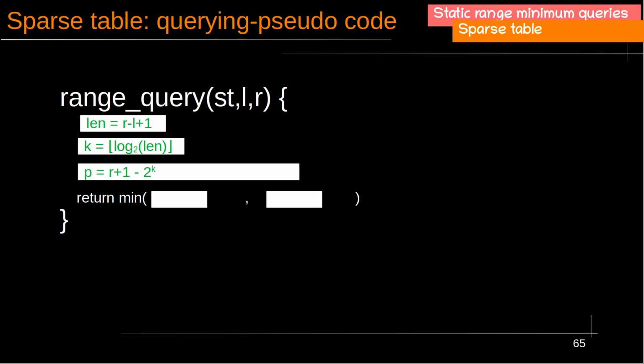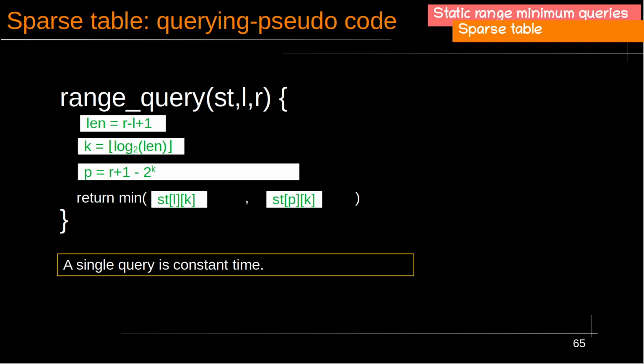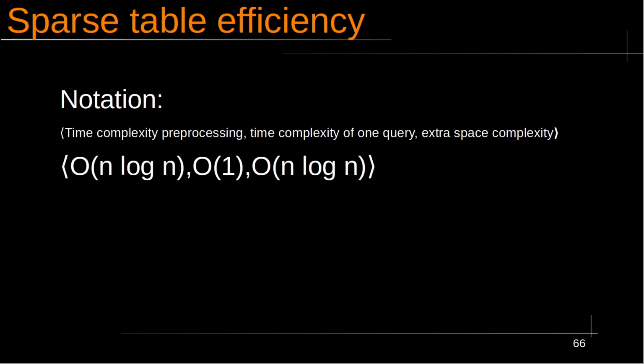Then compute the starting position of the second range to have 2 to the power K elements, and compute the minimum in the sparse table between ST[L][K] and ST[P][K]. A single query is constant time, big O(1). This is the sparse table efficiency.